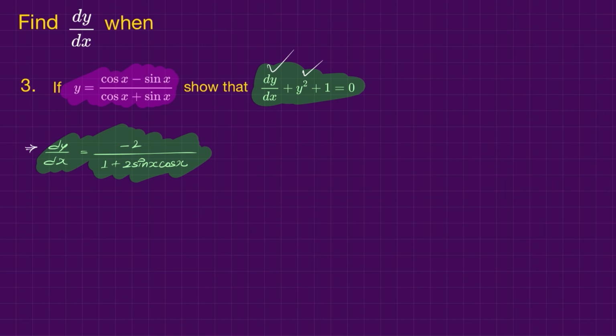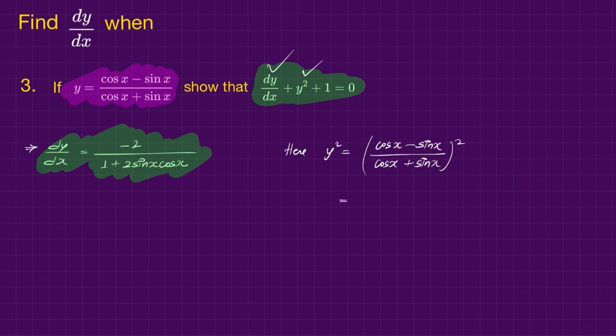Since y is given already, y square means to square this fraction also, cos x minus sin x by cos x plus sin x, whole square.